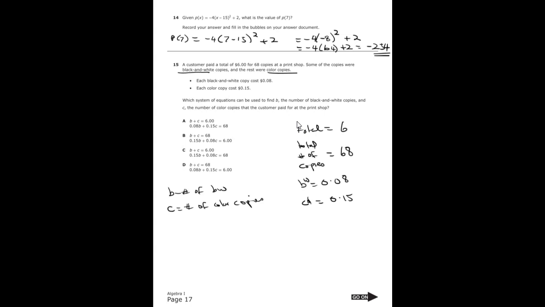And then now we need to account for the cost. So it's going to be 0.08B plus 0.15C equal to $6. That's what we're looking for. So let's see if we have any answers that look like that. B plus C is 68, 0.08B plus 0.15C is $6. So that's our answer right there.